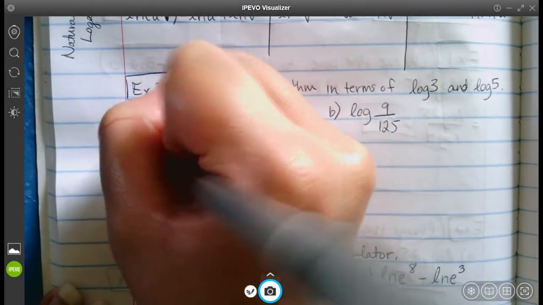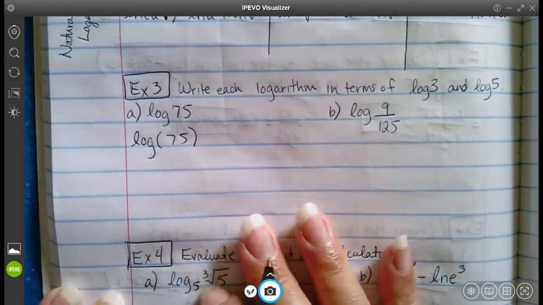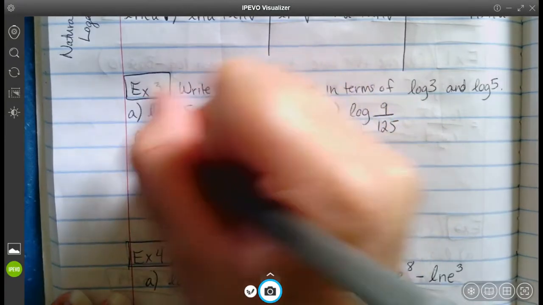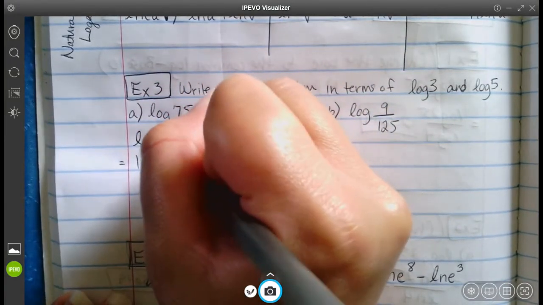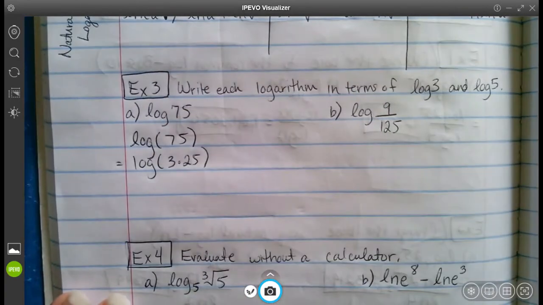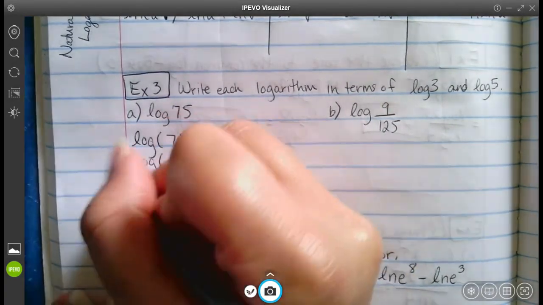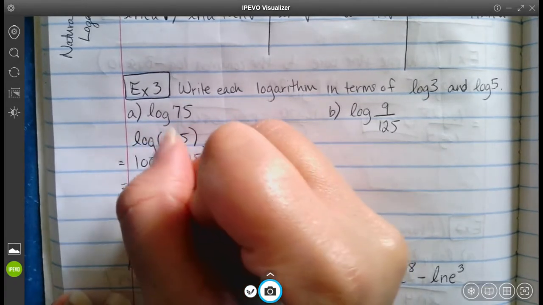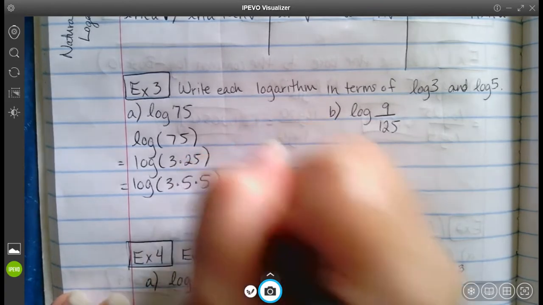So log of 75, I'm just rewriting it, is the same as log, let's see, I know that 3 times 25 is 75, right? And I also know that 25 is 5 times 5. So log of 3 times 5 times 5.